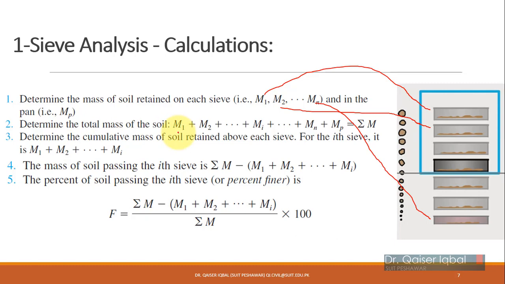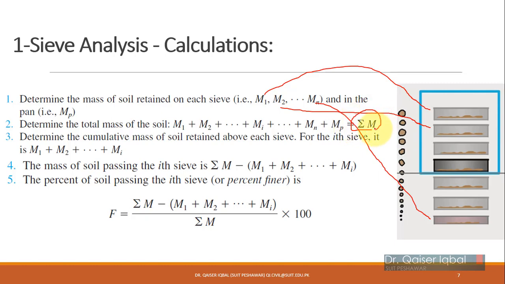Now we will determine the total mass by adding all the masses retained on all the sieves: M1 plus M2 plus up to Mi, up to Mn, plus Mp, which is the pan. We add all the weights on all the sieves, and that will be the total weight.